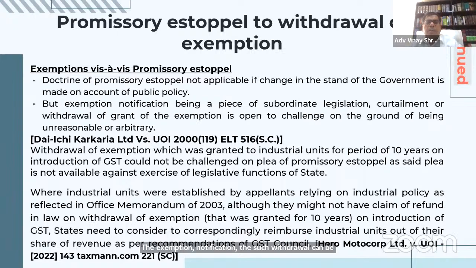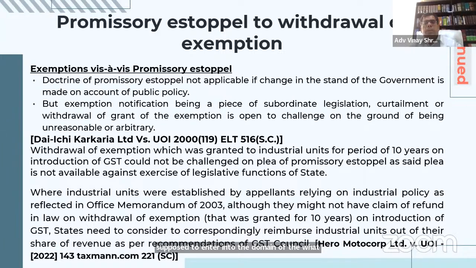Here there is an old judgment in the context of central excise, whereby it was said that whether to grant an exemption or to withdraw it is a matter of public policy, and courts are not supposed to enter into the domain of policy making of a government.